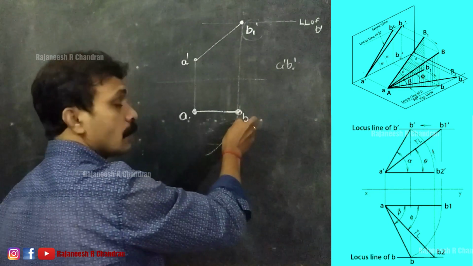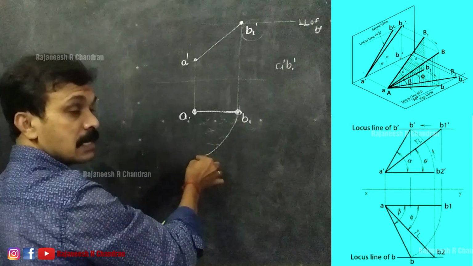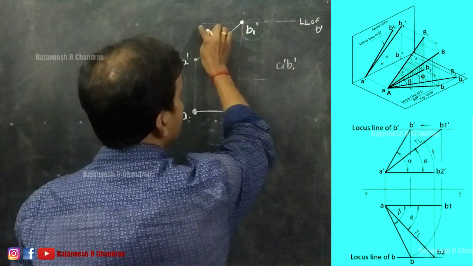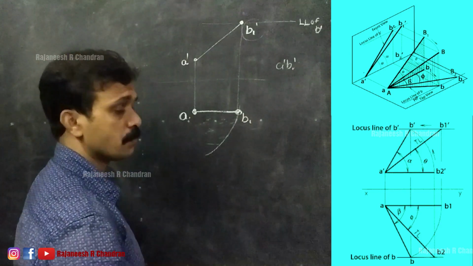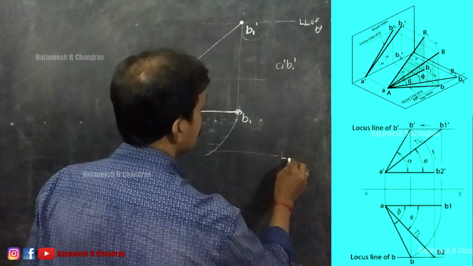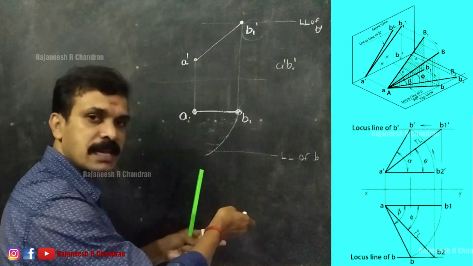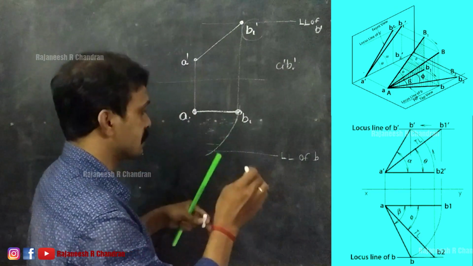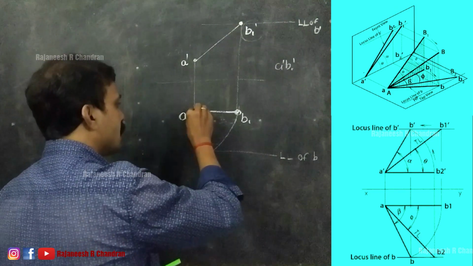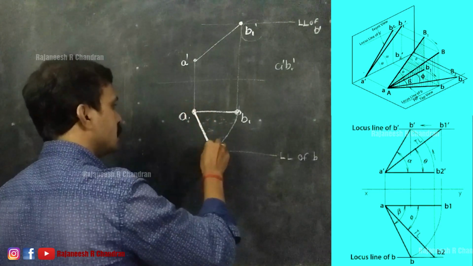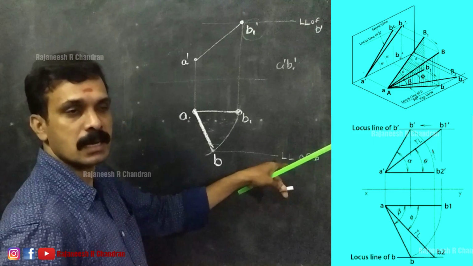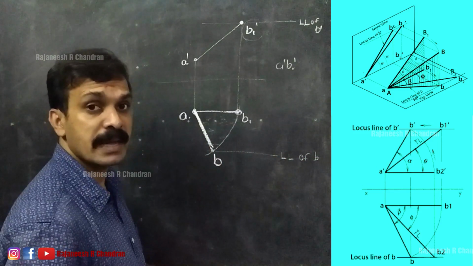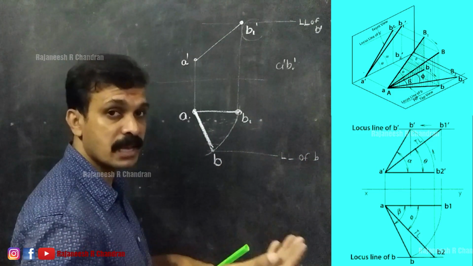So in the top view the point B moves along this arc, and in the front view the point B dash will move along the locus line. Suppose in the question there is a provision for obtaining the locus line of B, that we can discuss in the exercises, which we will discuss in the next video. From this position we can obtain the projection AB.